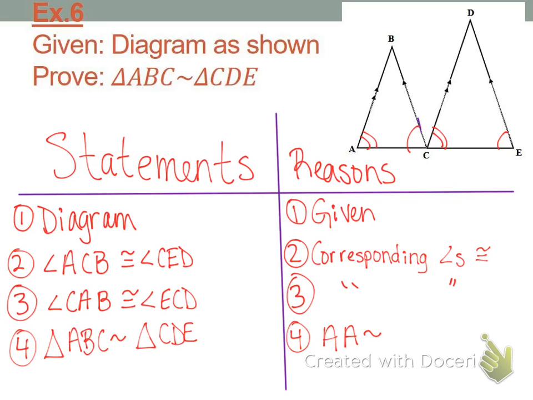See, proofs aren't so bad. 4 steppers. Questions, concerns? Any more time looking at this?